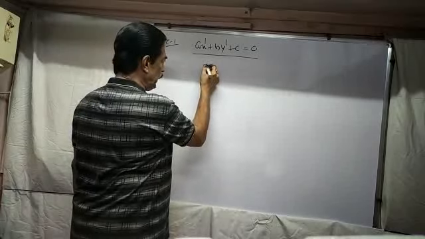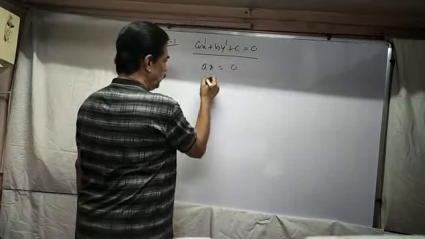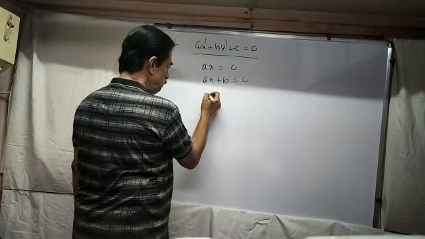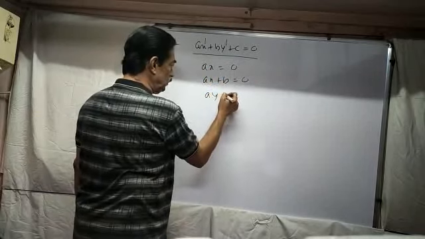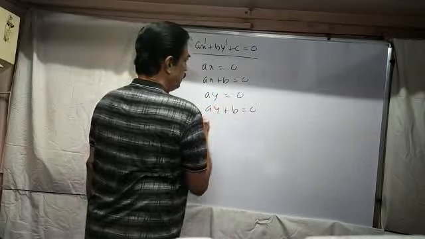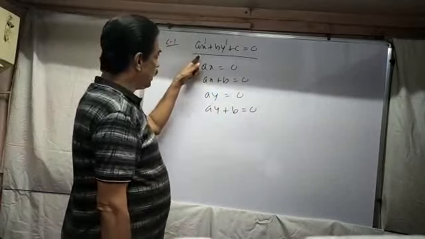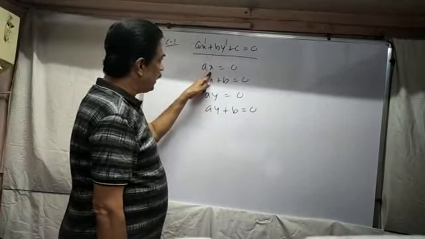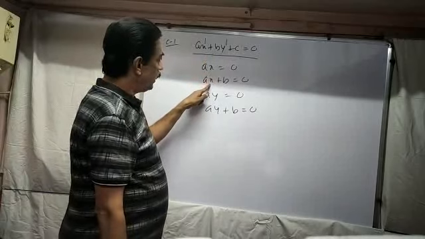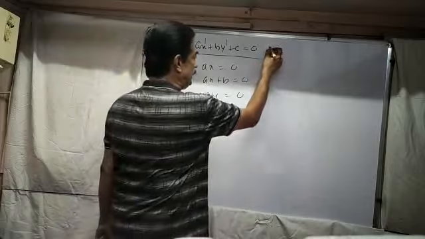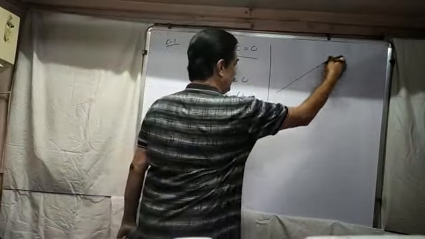We can write ax equals 0, ax plus b equals 0, ay equals 0, or ay plus b equals 0. These all indicate the equation of a straight line.